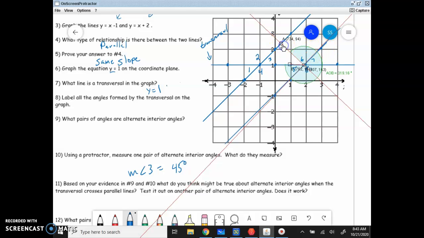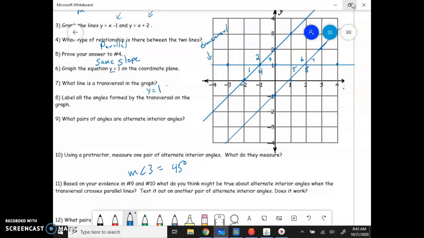It looks a little bit off, so it's not exactly perfect, but neither are my lines. This one also looks to be about 45 degrees. So the measure of angle 5 is also about 45 degrees.